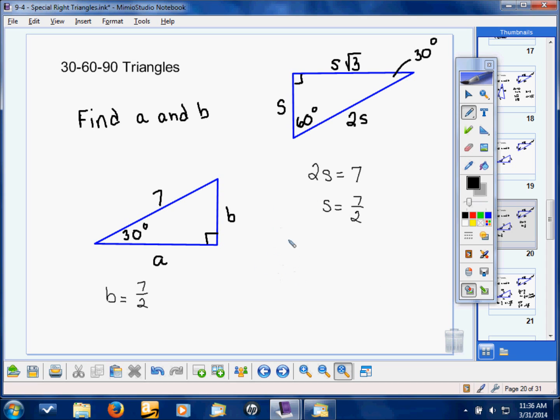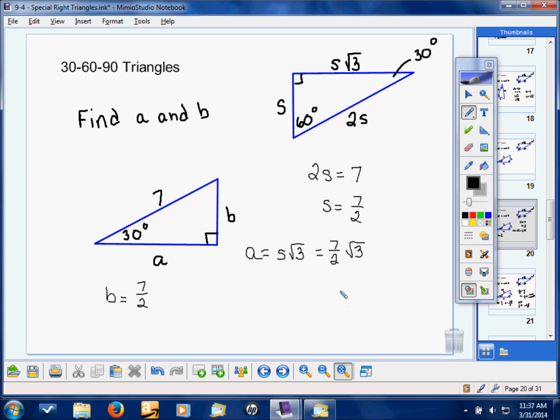So we still have to get the third side. We still have to get the S square root of 3 side. So this is what A is going to be, this one. How much is S though? S is 7 halves, square root of 3.